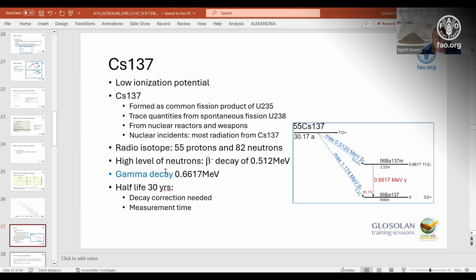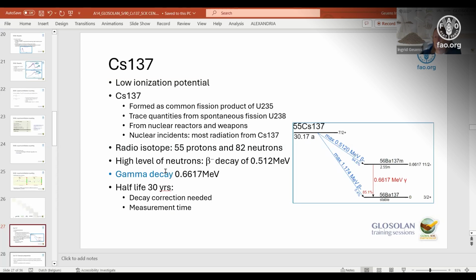It's a radioisotope with 55 protons and 82 neutrons. In fact, it also has a high amount of neutrons. And indeed, because of that high level of neutrons, we have a beta decay. However, we will not measure this isotope from its beta decay because of all the sample preparation I explained already, but we can easily measure it from the gamma decay.